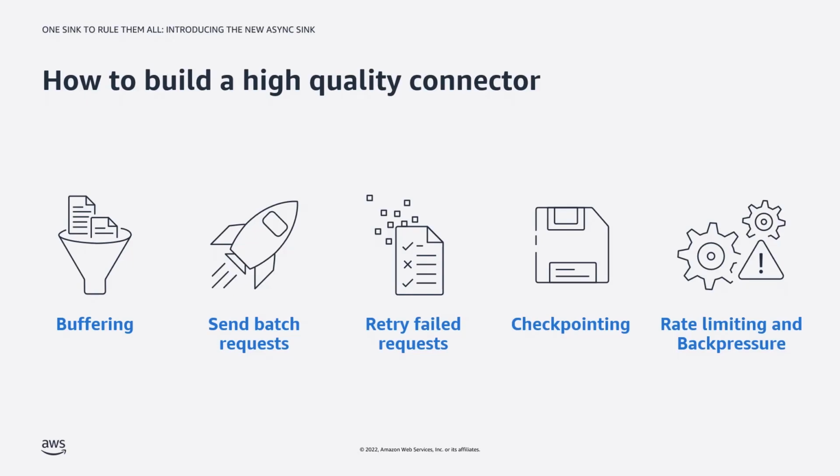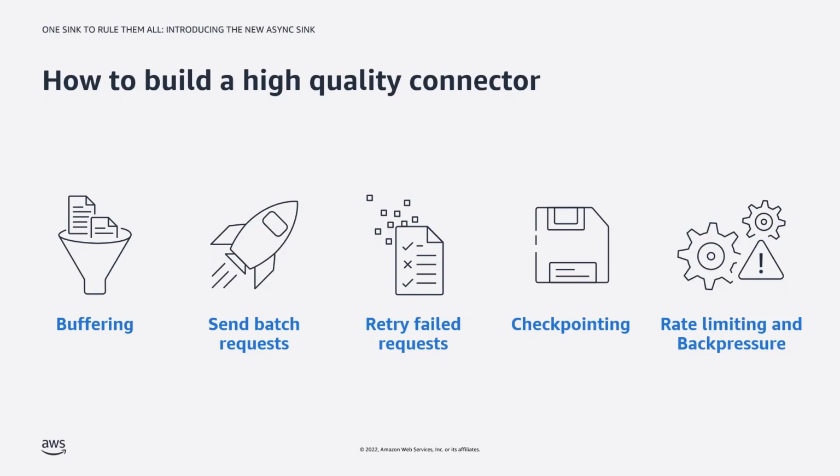If you look at how sinks are built today, most of them are using batch requests to send a set of messages into the destination. Sinks do this to improve the efficiency and the throughput they can achieve. But in order to make batch requests, the sink first needs to start buffering messages and then monitor so-called buffering hints to know when to make a request.